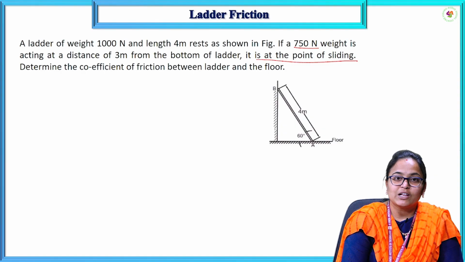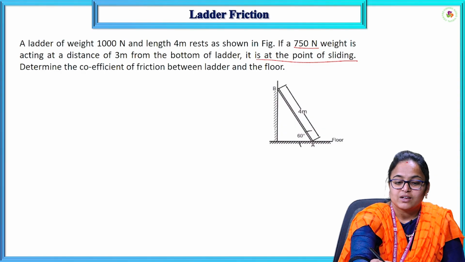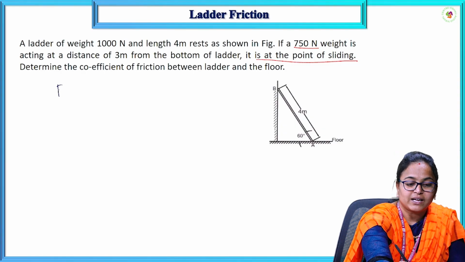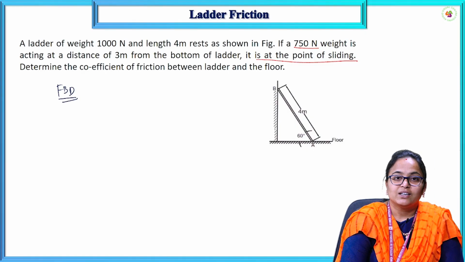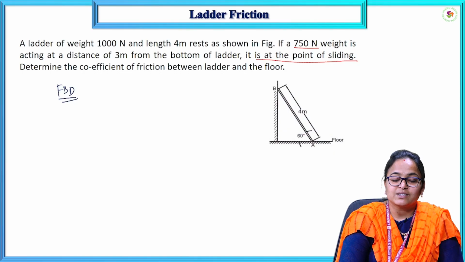So, first we'll go to the free body diagram, FBD. Free body diagram is nothing but removal of all the contact surfaces and external forces acting on a body and keeping reactions in the place of contact areas.